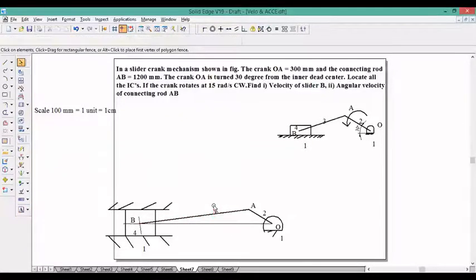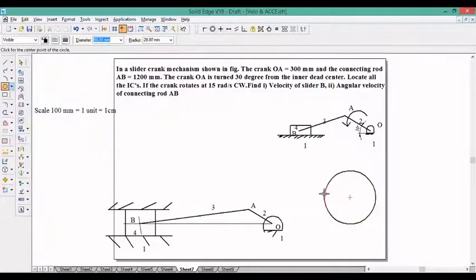Since the slider crank mechanism consists of 4 links, the number of instantaneous centers will be once again 6, that is 4 into 3 divided by 2, which is 12 divided by 2, means 6 instantaneous centers. To locate these, we will draw a circle, and we need to divide the circle into the number of links.